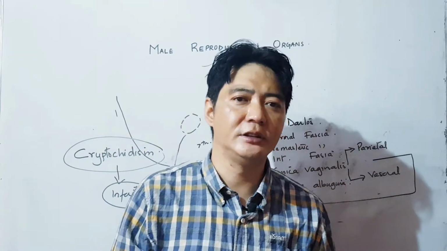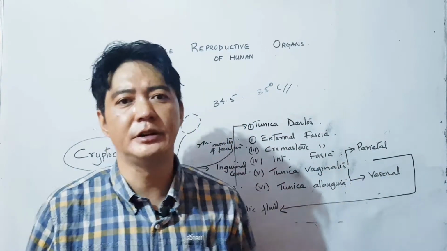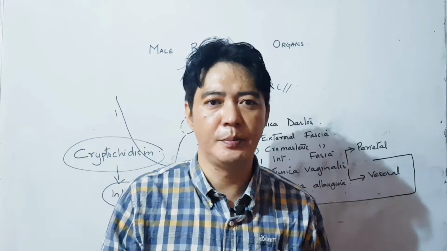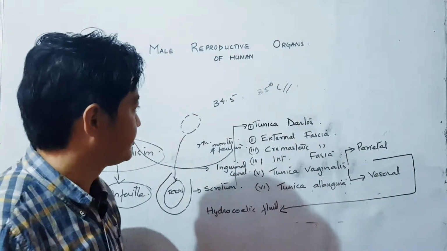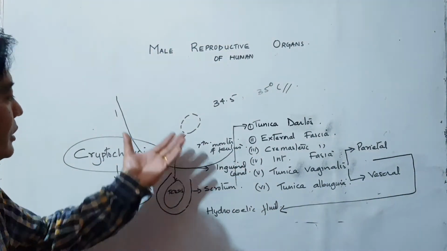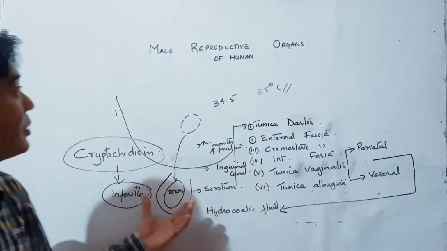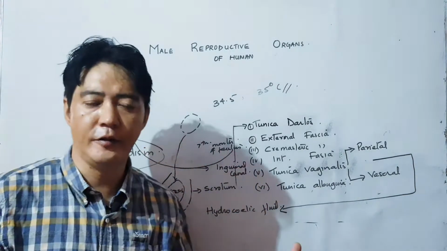It doesn't mean that they cannot produce sperm. They produce sperm, but it is unhealthy sperm, which cannot reproduce. So anyway, these are the things which we have to learn about the primary reproductive organ of human.